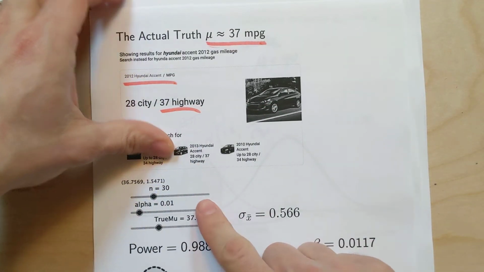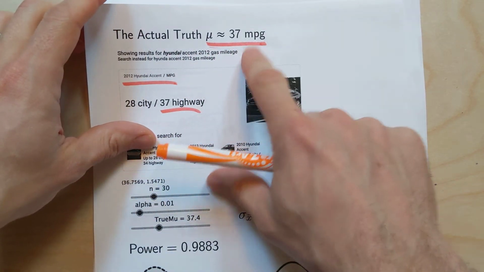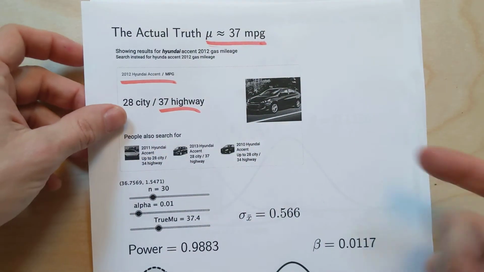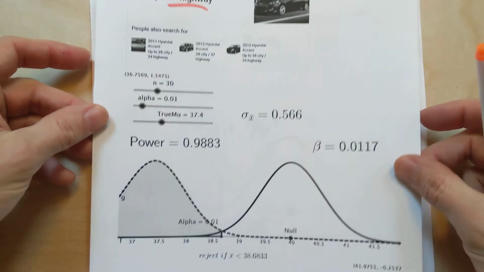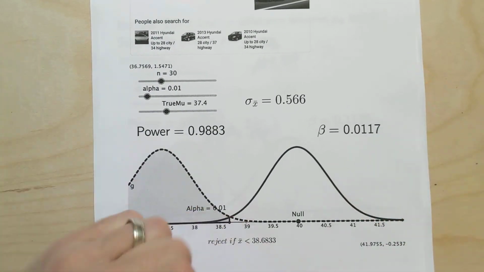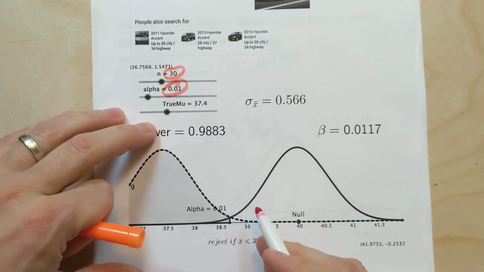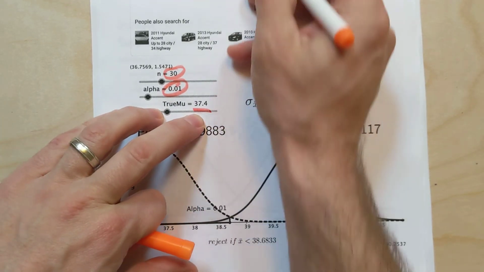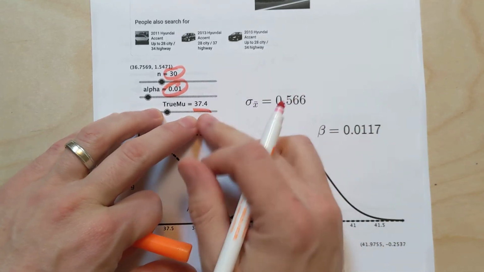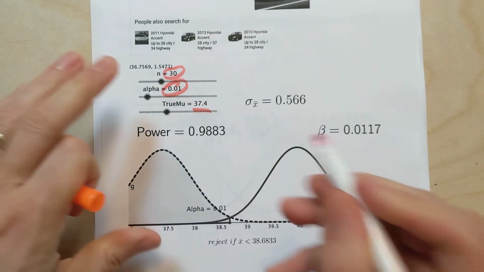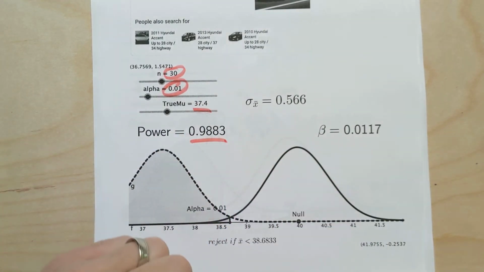And so let's say that was the truth. That is the truth. And in fact, this is the true truth now. We have good reasons for believing this is in fact reality. How powerful would our test have been just at a sample size of 30 at a 1% level of significance? Well, let's say that 37 was actually 37.4, which rounded down to 37. Then even at 37.4, the power of our test would now be 98.83%.